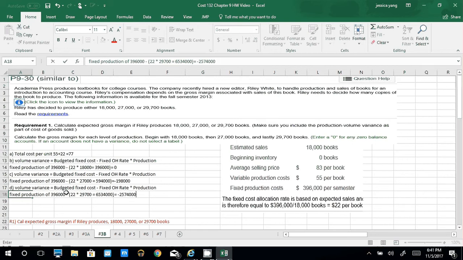So when we take the fixed production cost of $396,000 and subtract $653,400, we get a negative number of $257,400.